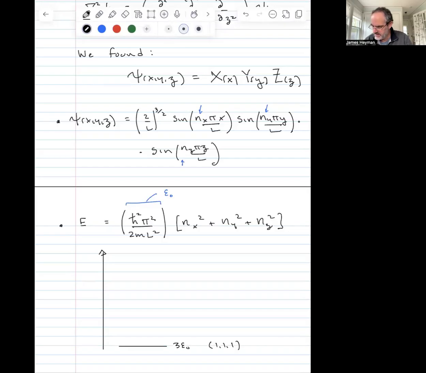Okay? The next state turns out to have nx equals, say, 2, and then ny and nz equal to 1, and that has an energy of 6 E0. The next state might have nx equal 2 and ny equal 2 and nz equal 1, and that has an energy of 2 squared plus 2 squared plus 1, or, oh, I'm sorry, 9 E0.